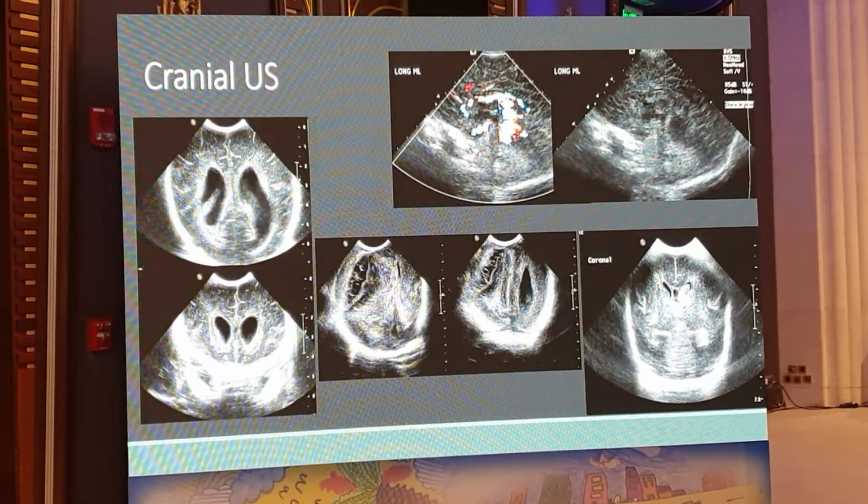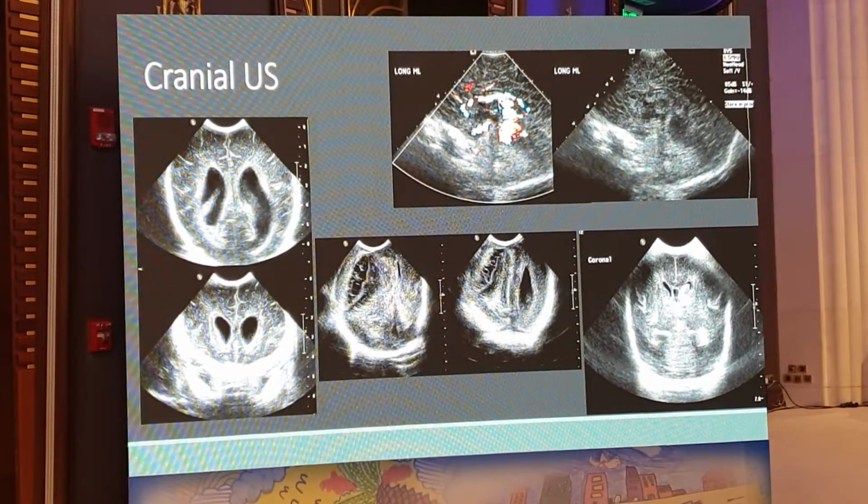I just wanted to show that hydrocephalus is easy to be detected by ultrasound, hemorrhage as well.